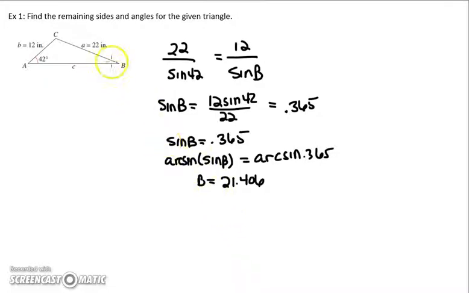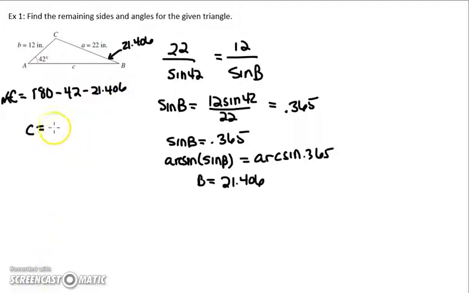So now we know that this angle is 21.406 degrees. Once we know that, we have two of the three angles. So the measure of angle C is going to be equal to 180 minus 42 minus 21.406.